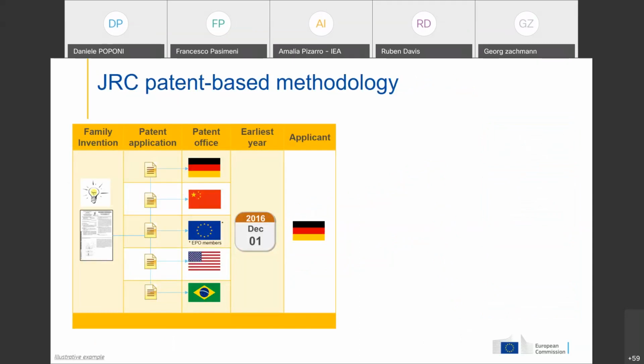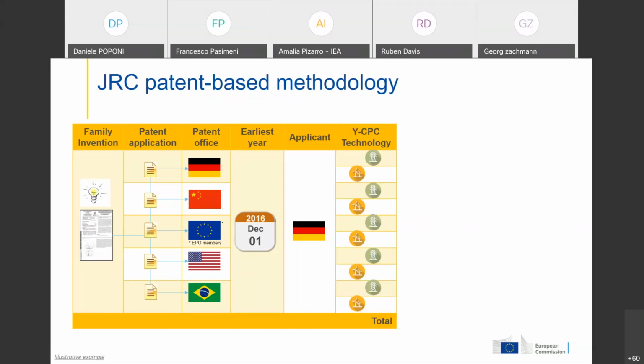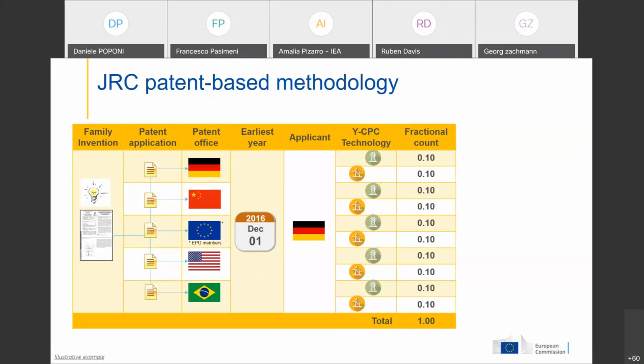We know where the invention has been produced, and the earliest date on which it was filed. We also know the owner, the applicant of this invention, and the technology addressed by this invention. Then we apply fractional counting, which consists of assigning an equal share to all the combinations of this information in the family, so we are able to assess the inventive activity.